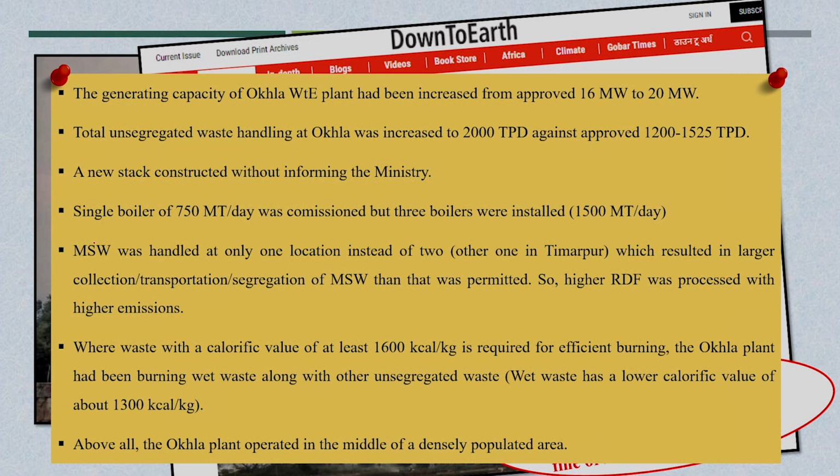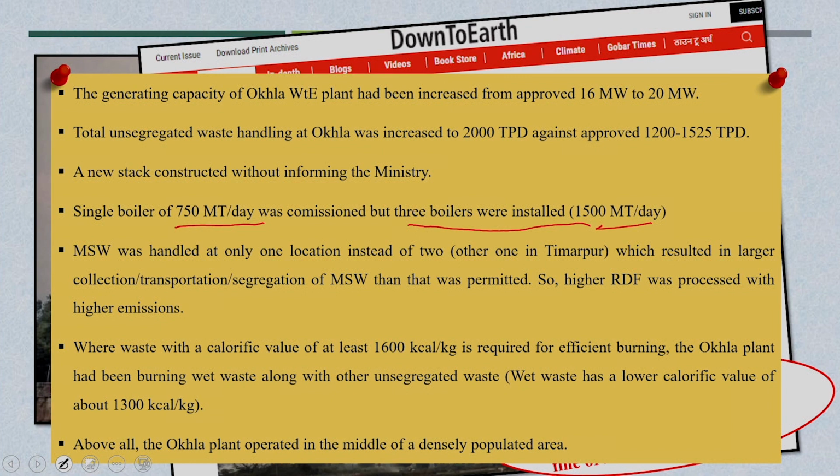And the idea was only one single boiler of 750 metric tons per day as commissioned, but 3 boilers were installed, each of 1500 metric tons per day. That was the problem.